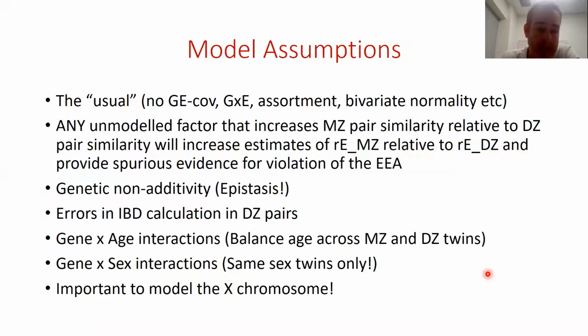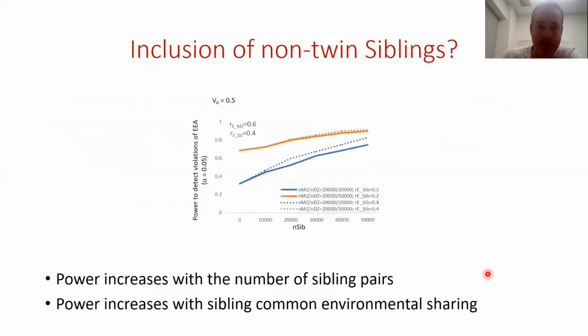If you've got gene by sex interactions, maybe you only want to do this in same-sex DZ twins. And of course, it's important to model the X chromosome if you're trying to calculate pi hat across the entire genome. So don't forget the X chromosome.